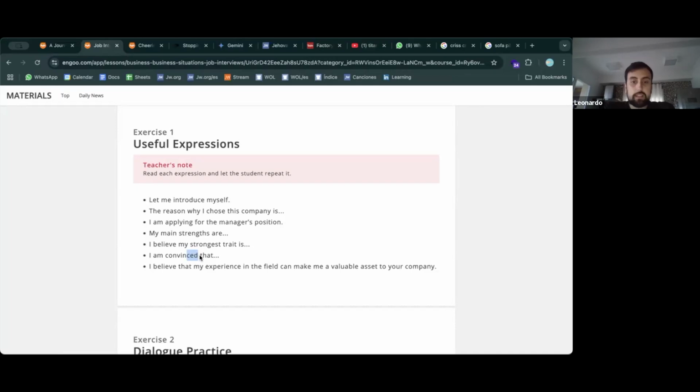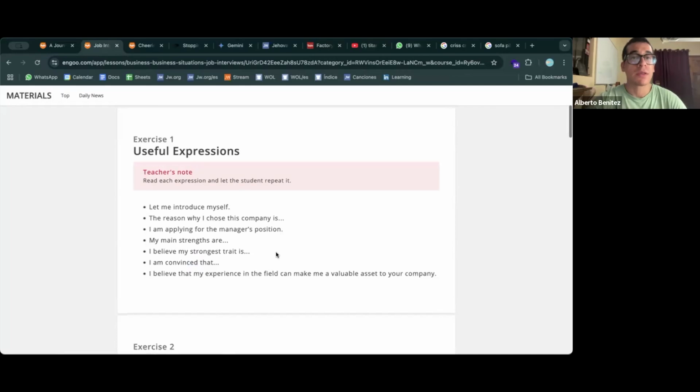Good. Very good. Okay, so of this exercise number one, which one of these expressions do you feel likely to use?